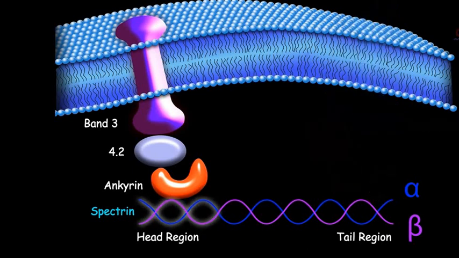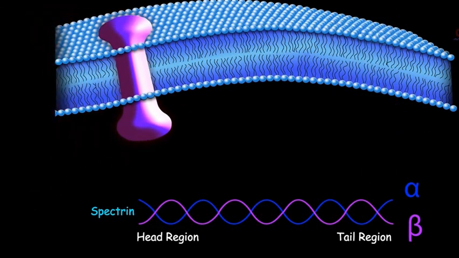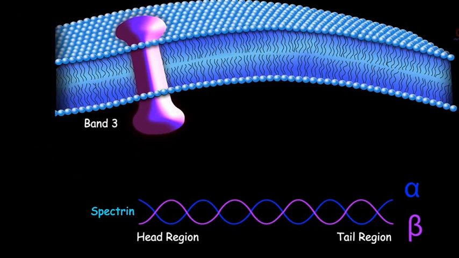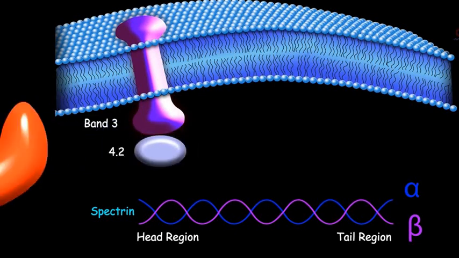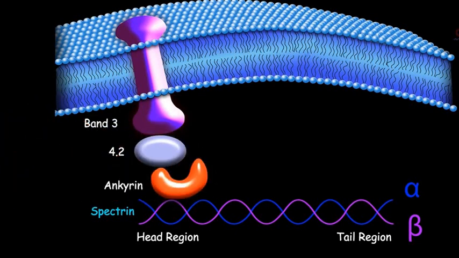Now, if we look towards band 3, band 3 is connected with the spectrin with the help of protein 4.2 and ankyrin. So these are the vertical connections.